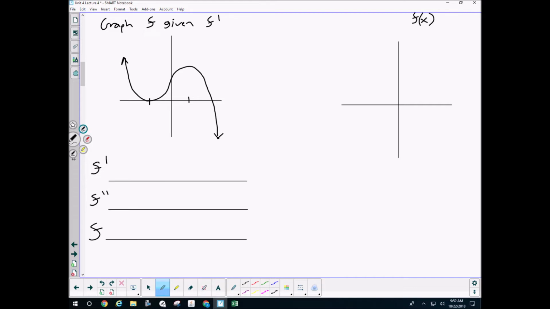It's important to understand the zeros for f prime and the zeros for f double prime. Where are your zeros for f prime? At -1 and at 2. Where are your zeros for f double prime?